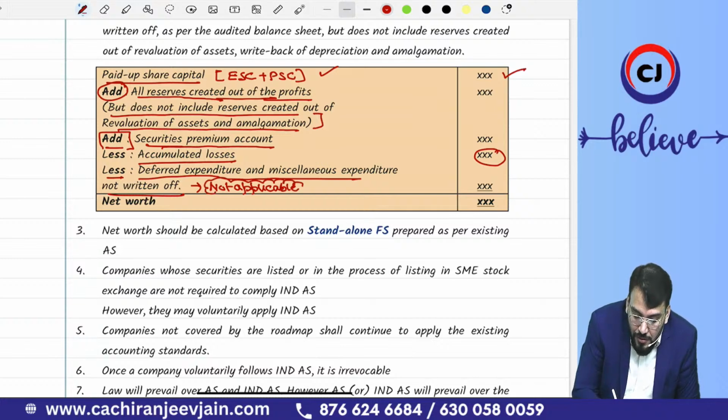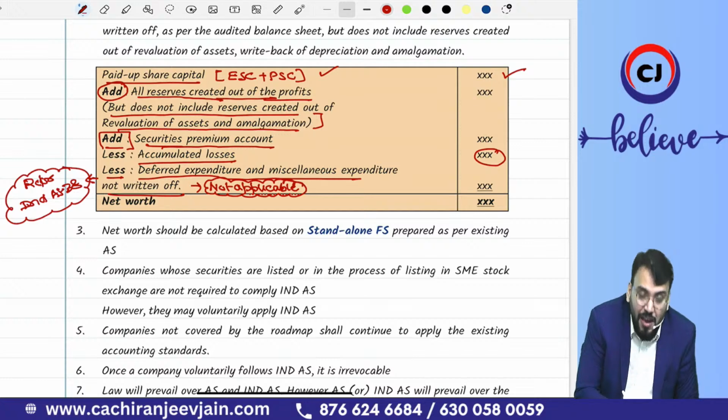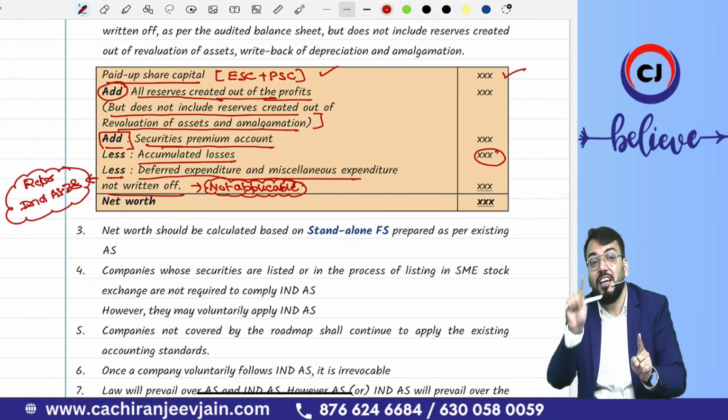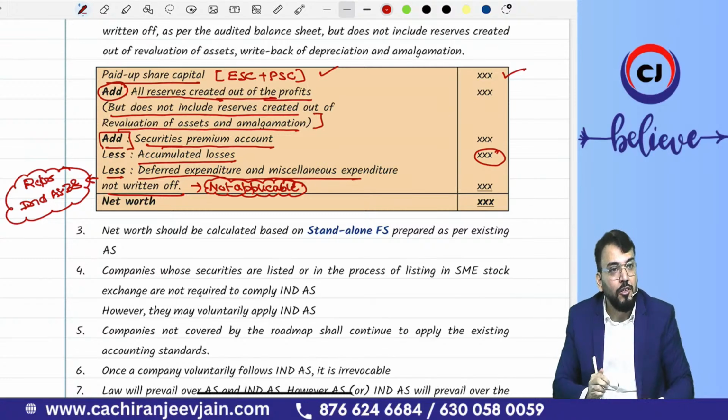Understood? Let us refer to Ind AS 38. Ind AS 38 is nothing but intangible asset. So I will discuss deferred revenue expenditure once again under Ind AS 38 in detail. Got this point?